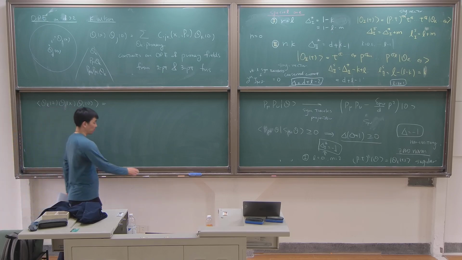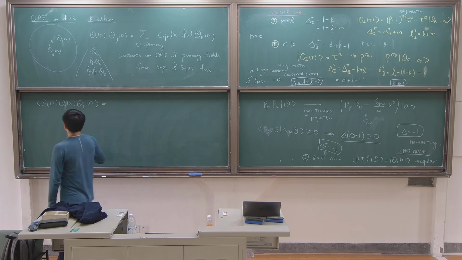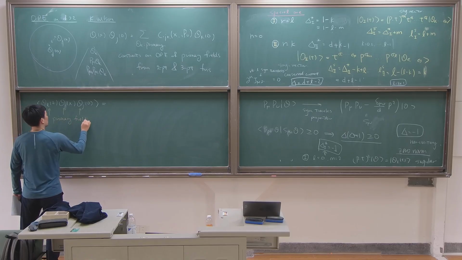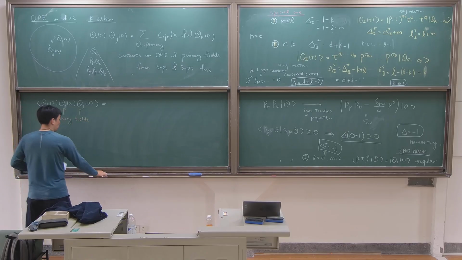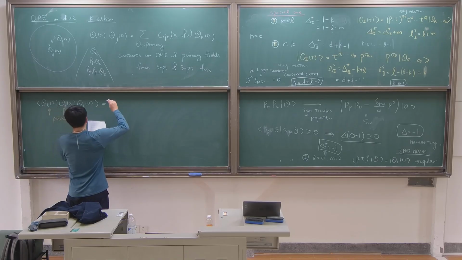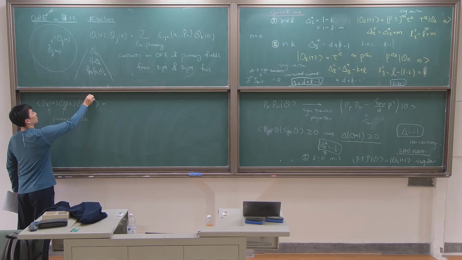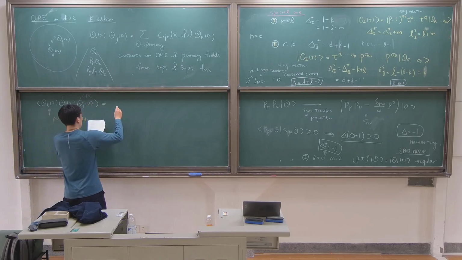So all primary fields in the 3-point function. Then we can take the OPE between these two. If you take the OPE, what you get is as follows.